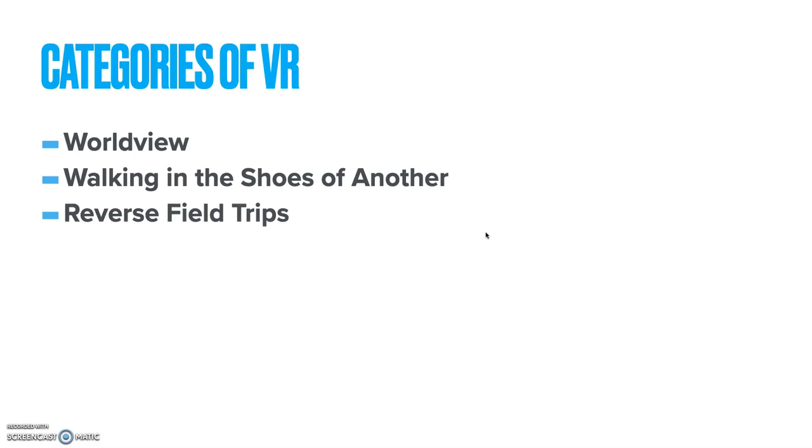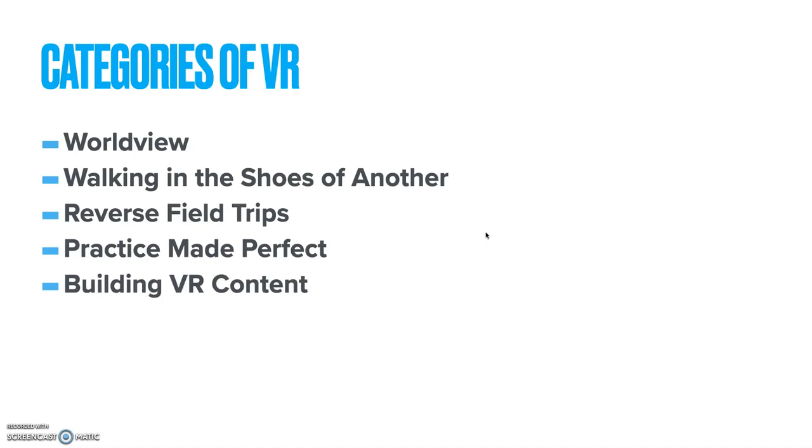The idea of reverse field trips. Google Expeditions was a good example of this. Unfortunately, that's not being built out anymore, but the idea of being able to go to almost anywhere in the world, or the reason they call it reverse, I guess, is they're bringing that place into your classroom through a VR experience. Practice Made Perfect is more along the lines of using it for things like athletics or even healthcare training.